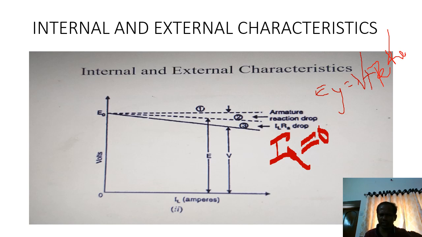Under no load condition, Ia Ra is equal to 0, so Eg is equal to V. The load current IL is equal to Ia, which is 0. Then E0 is maximum at that condition.